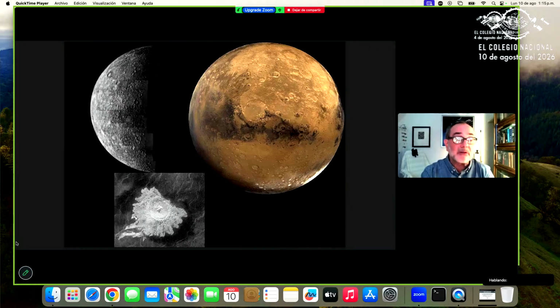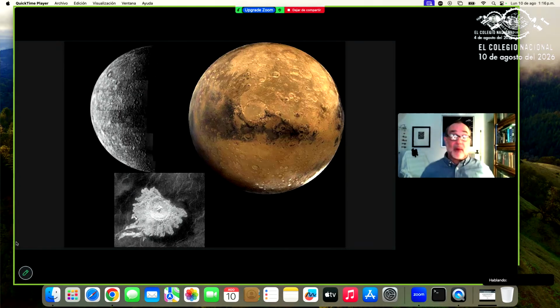The radar images show lots of craters, and here is one of them. It shows not only the crater itself, but also material that was thrown out of the crater. Because of the dense atmosphere it doesn't fly very far, but you can see this whitish material, which is a false color because of the radar image. It is material that used to be in the crater and was thrown outside.